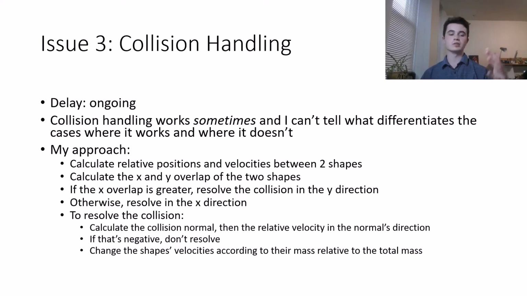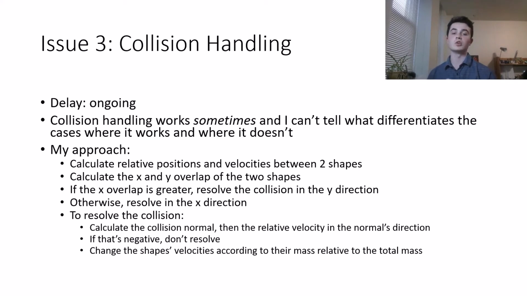It helps me to think of a square and a wall. If the square is bouncing off the wall, they're always going to be overlapping way more in the y direction than they will be in the x direction, so the collision is resolved in the x direction because it needs to bounce this way. And so to resolve the collision, we know which direction we need to do that in.